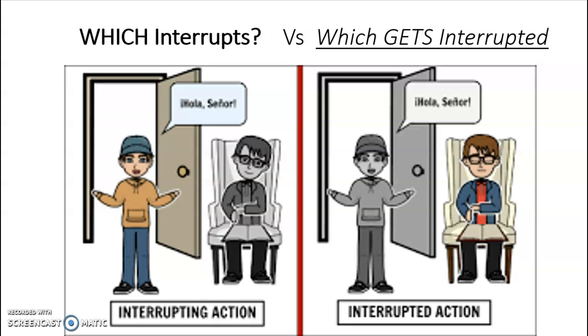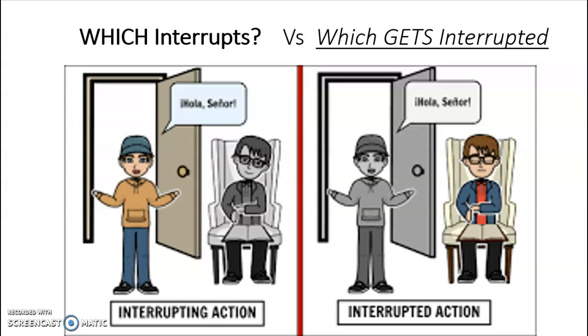So let's take a look at this idea. If you have various actions happening together, it happens all the time, right? And one of those actions interrupts the other, right? You have this kind of goofy picture of a kid coming in saying "Hola, señor," whereas the teacher, or at least the gentleman he's talking to, is sitting down and looks like reading, right?